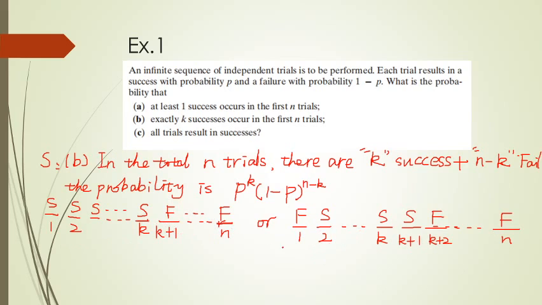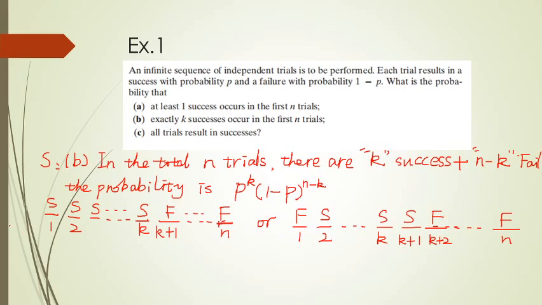The other is the first one failure, the second until K plus 1 success, and from K plus 2 until N all failure. Of course, they are different. So how many different combinations of those sequences? N choose K.